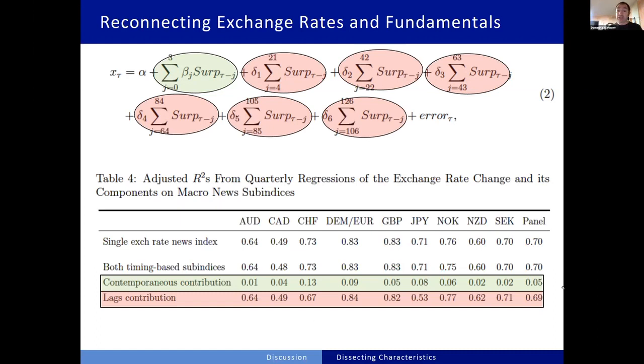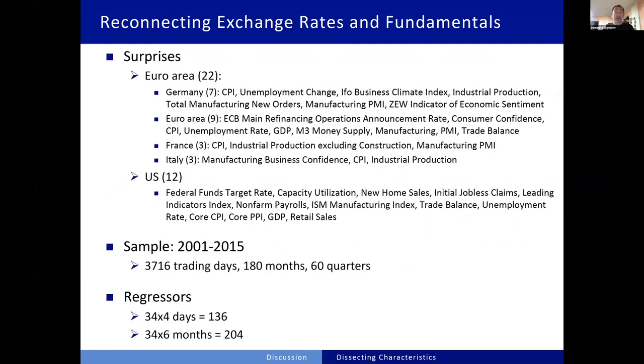And then there is a table in the paper that shows that actually what is driving the result is not the contemporaneous surprises, but these lagged surprises, the previous months. And this is essentially, if you just focus on this lag surprise, you explain almost the totality of the R square of the paper.